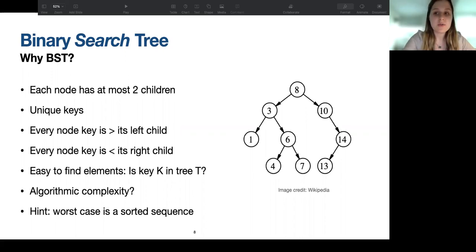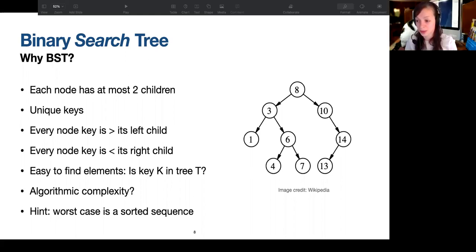We don't really have to bother with checking the right subtree, which is not true in the general case of a binary tree or even any tree, because there are no restrictions on the values of the keys, and we would not be able to guarantee that it's enough to check only one of the subtrees at every single step. So that's why binary search trees are nice, and that's why they're called search trees, because it's easy to search elements in them.